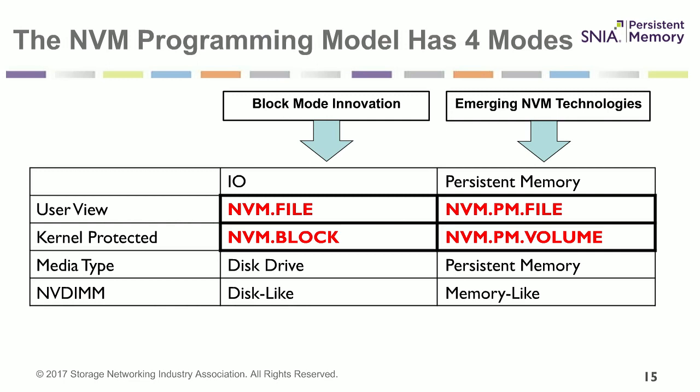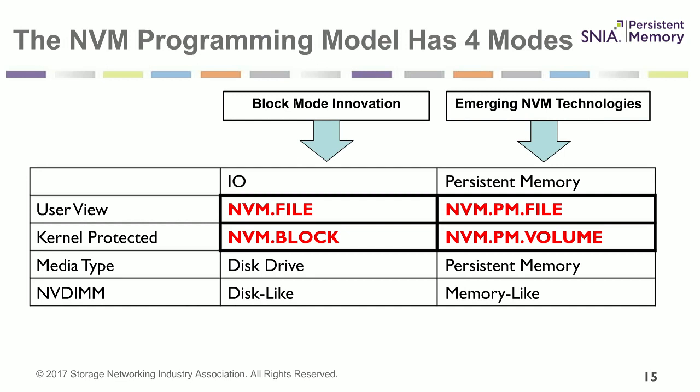However, if you're more aggressive and you're more adopting of the persistent memory type of approach in your applications, you're probably more interested in the access methodologies that are in the right-hand column of this table, which are the NVM.PM file and NVM.PM volume, which actually present memory spaces directly to the application. The application is no longer talking to a block device. It's not a block API anymore.